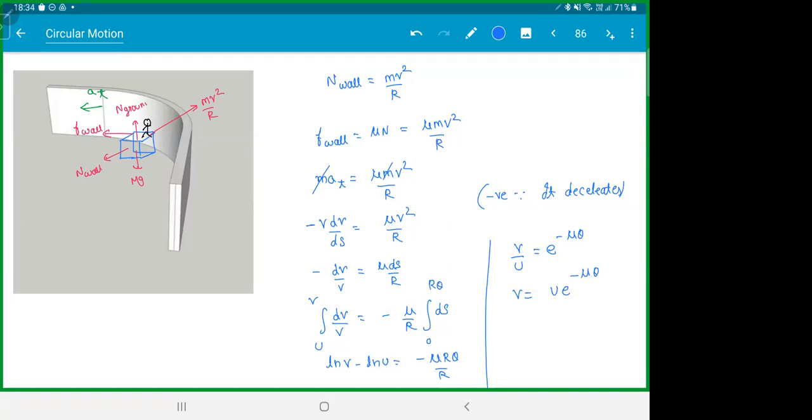This is what I was saying. Whenever you have functions like this, they're decay functions. Options will be in terms of e power something. It will never stop, because the slower you're going, the lesser the normal reaction, the lesser the friction. The function is killing itself. Check this out.